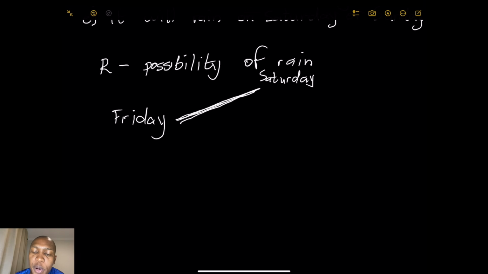They said it's 0.8. So the probability that we would have rain in that case would be 0.8. Which means that there would also be a chance that it might not rain. That would be R prime, not rain.